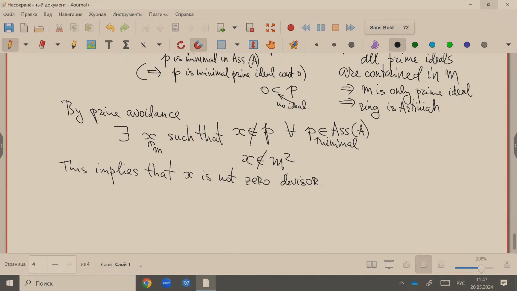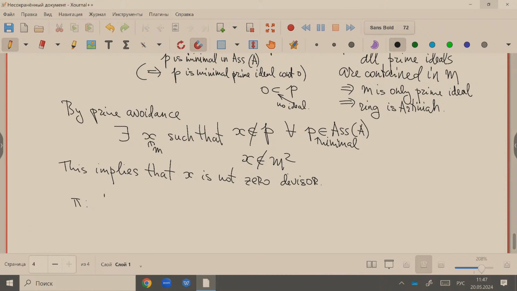And then you also will have to calculate the dimension.